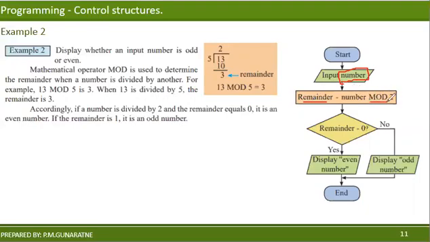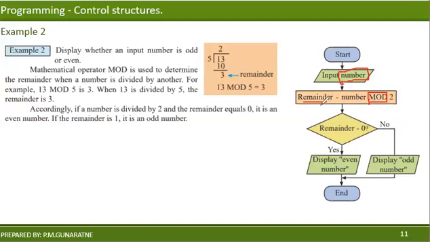What does this mod do? Mod means modulus, the number divided by 2 and getting the remainder. This expression will output the remainder when the number is divided by 2. Let's take 100. 100 divided by 2, the remainder is 0.